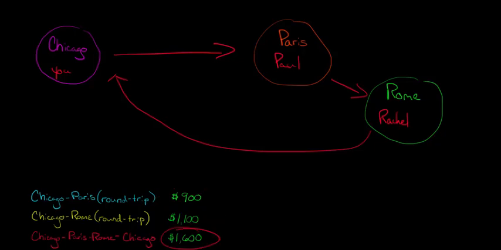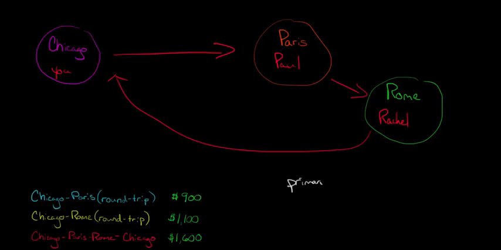So you're saving $400, but now the question is, Paul and Rachel have offered to reimburse you for the cost of the flight, but how much do you bill Paul? And then how much do you bill Rachel? So the incremental method basically says that you assign somebody to be the primary user.